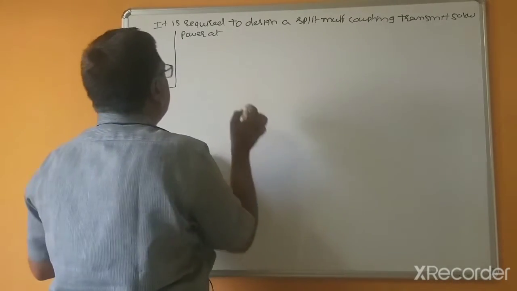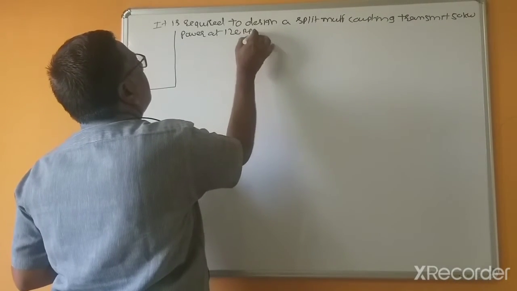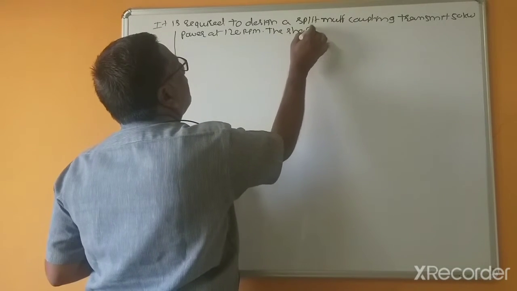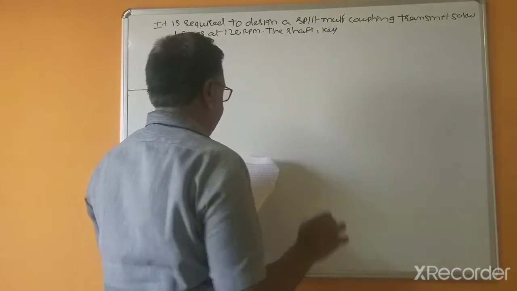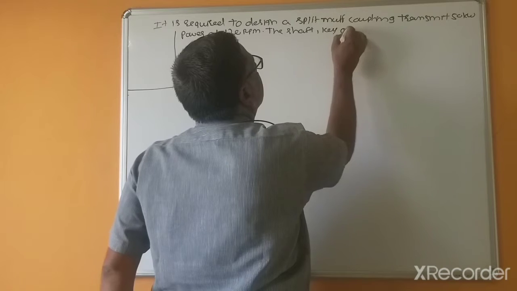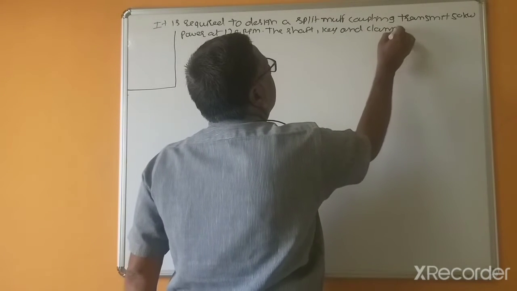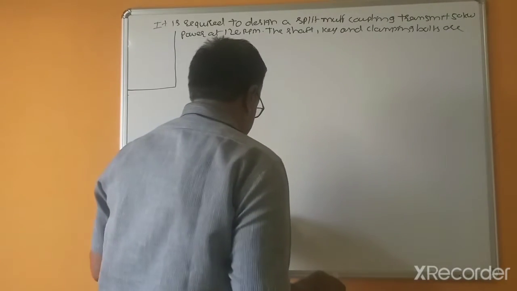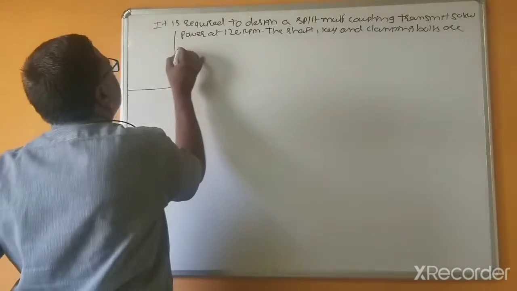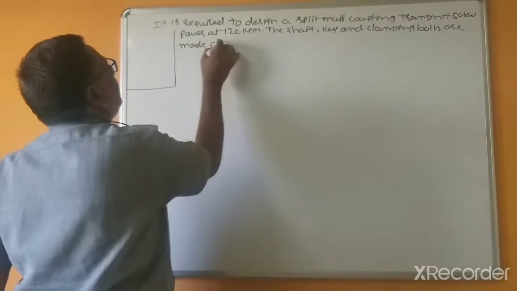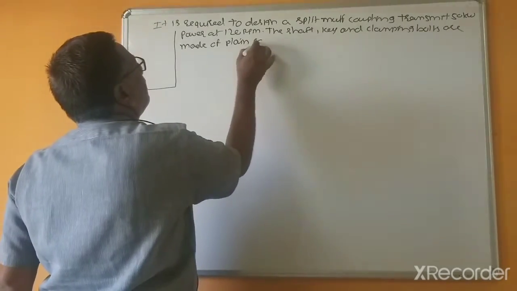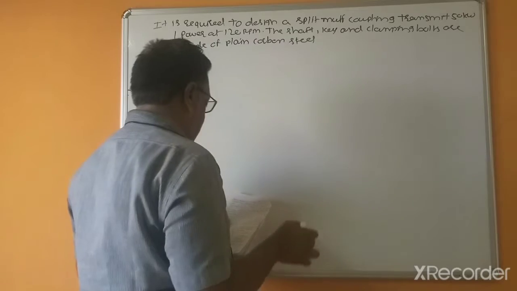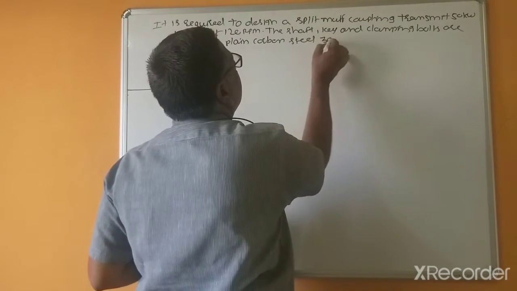The shaft, key and clamping bolts are made of plain carbon steel, 30C8 material.